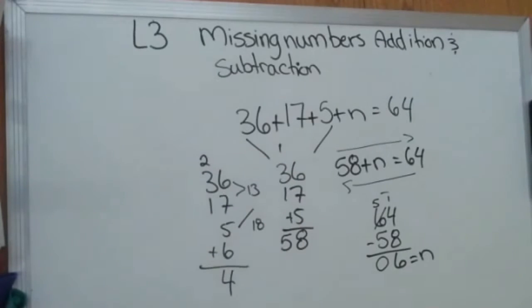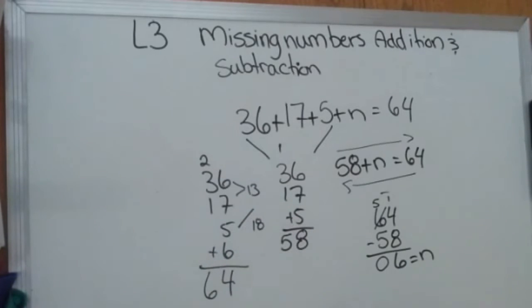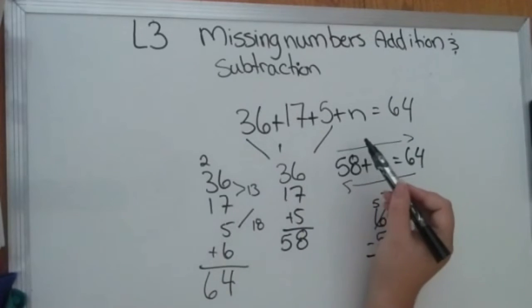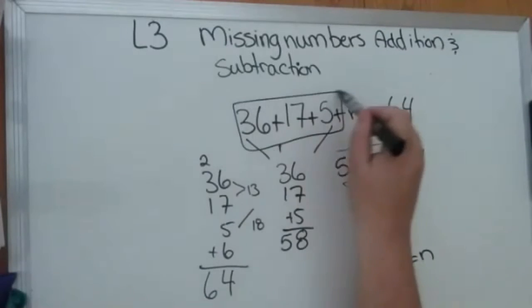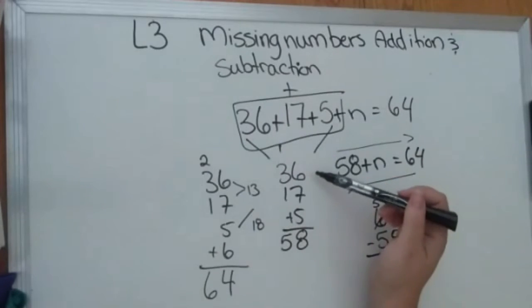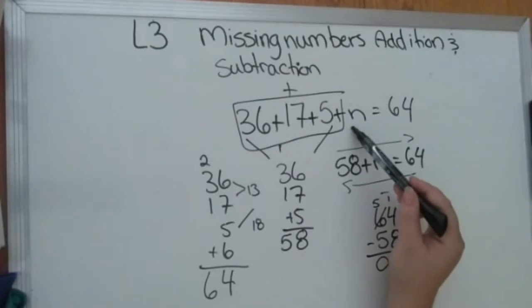Carry the 2. 3 plus 2 is 5, plus 1 is 6. We have 64. So this is a multi-step problem when you start adding more addends, but you can still use the same method. You take the ones you know, add them together, take that and subtract it from the sum. This will give you your missing addend.